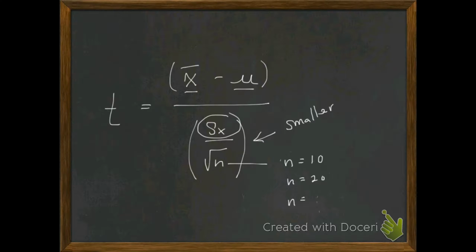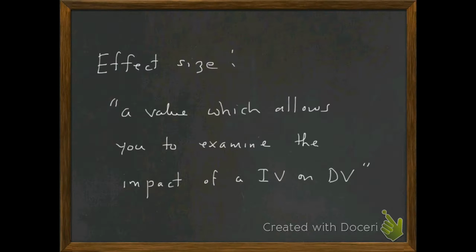Now, what statisticians realized years ago is that's kind of a weird situation. So they came in with what we call effect size. Think of effect size as a way that we can compare or examine the impact of our independent variables on our dependent variables, kind of controlling for the sample size effect.